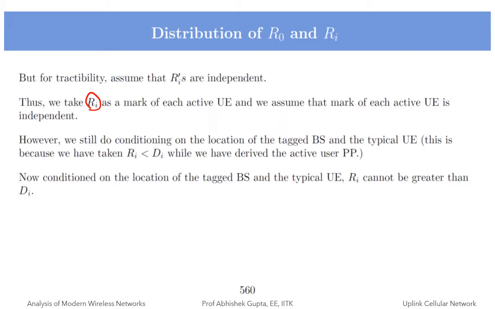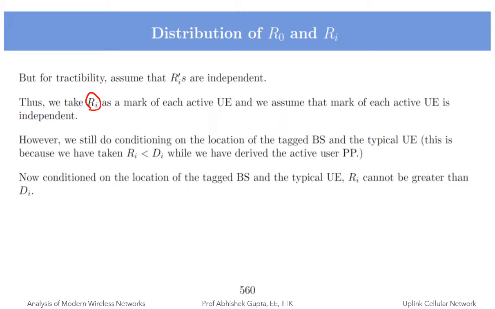See, we are making an approximation, but the approximation may not affect the analysis. That depends on how much is the effect of these random variables. Since these Ris are due to different users, changing the distribution of Ri a little bit may not affect the interference.